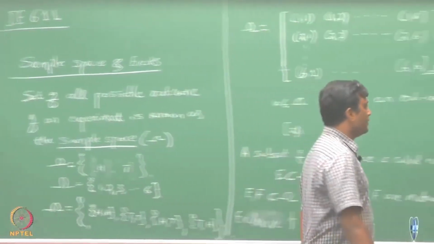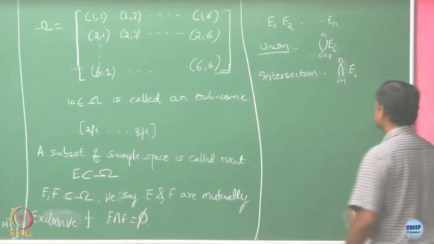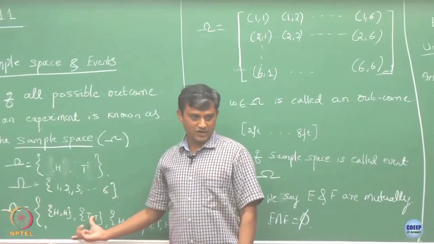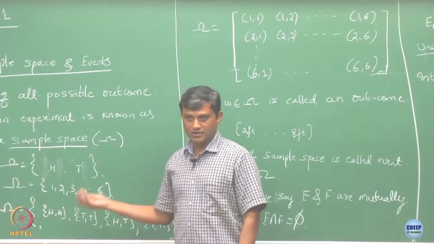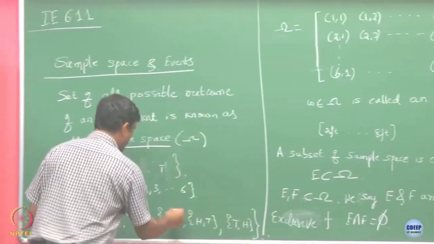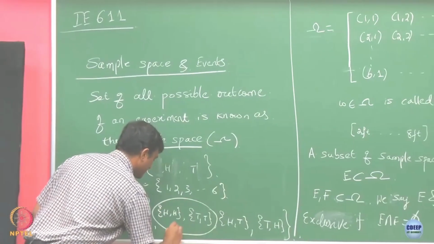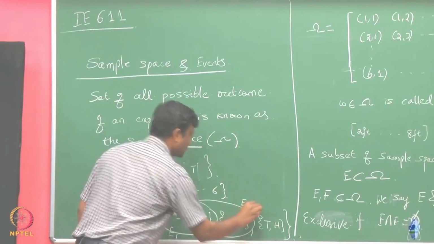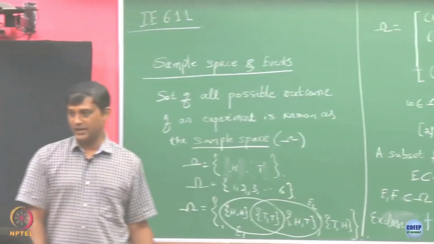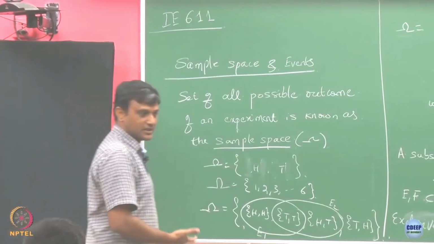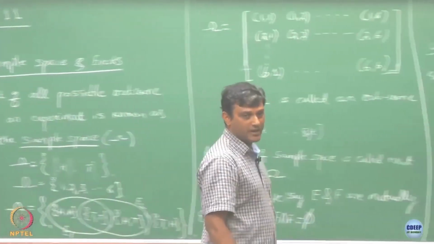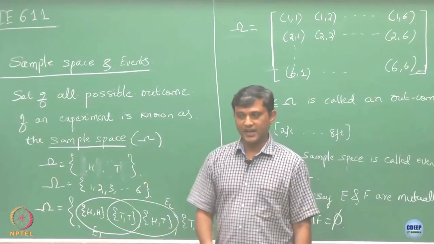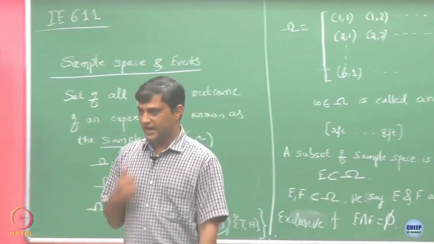When you take the intersection of just 2 single elements, there is nothing common between them. But suppose you define E1 to be this set and E2 to be this set, both subsets of my omega. What is the intersection going to give you? It requires that both tosses give me tails.